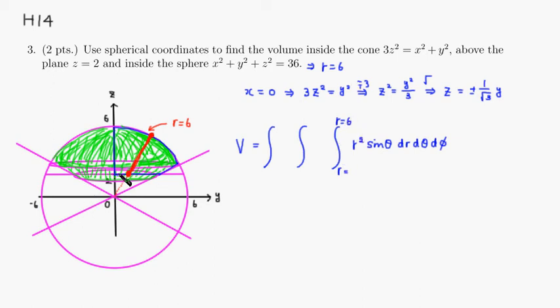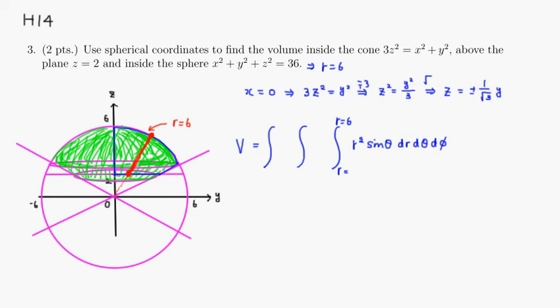The lower bound we have to figure out. So to find this length r here, this is z equals 2.